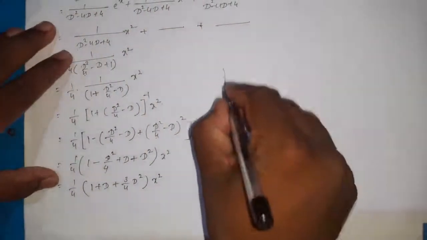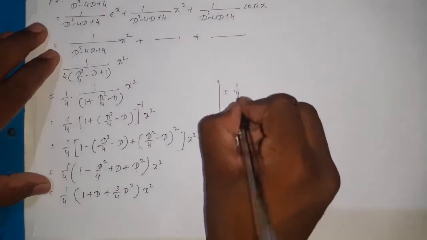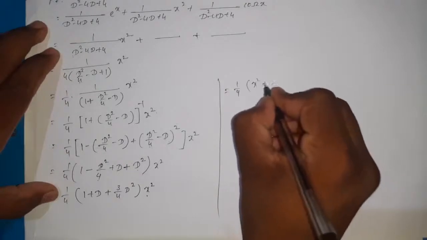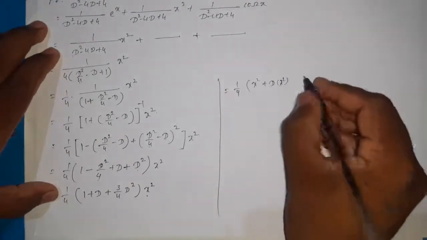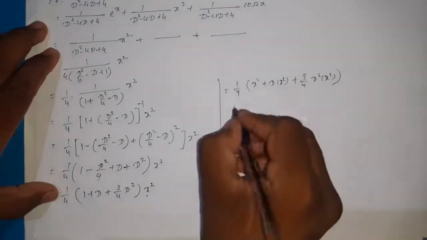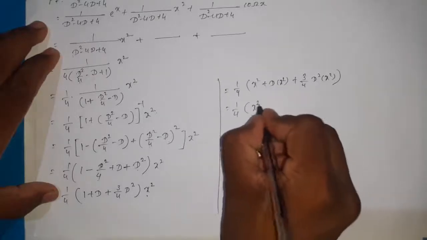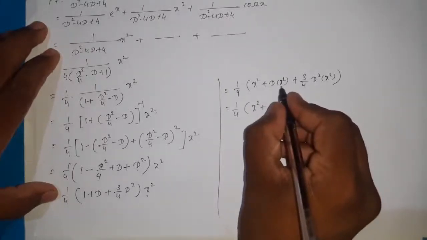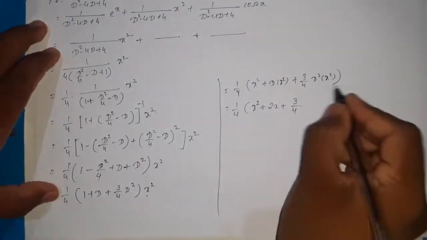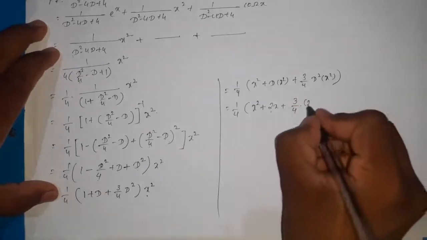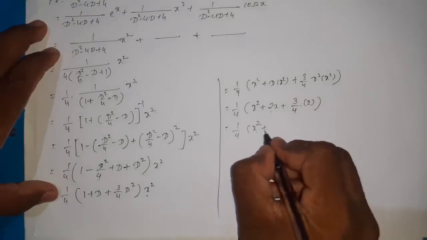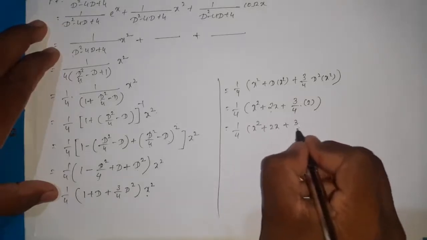Then it is equal to 1 by 4 multiplied by x square plus D of x square plus 3 by 4 D square of x square. Then it is equal to 1 by 4 into x square as it is, D of x square means differential of x square, that is 2x, plus 3 by 4 D square of x square means differential of 2x, that is 2. Then it is equal to 1 by 4 into (x square plus 2x plus 3 by 2).